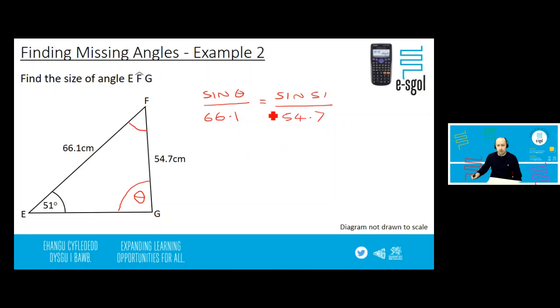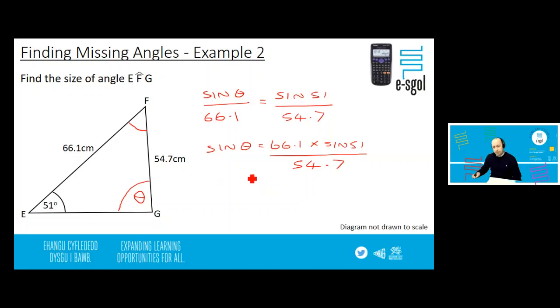I want to get theta on its own because that's the angle I'm trying to find for now. So what I'm going to do is move that 66.1 up. So I've got the sine of theta equals 66.1 multiplied by the sine of 51, and all of that is divided by 54.7. Now I'm going to work all of this out.